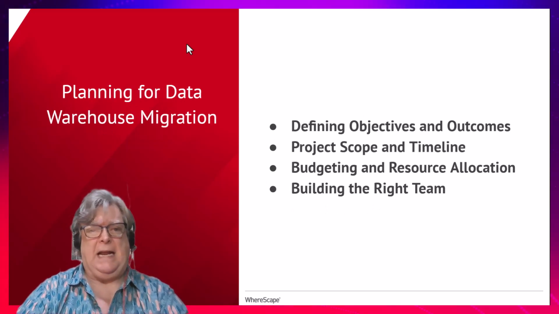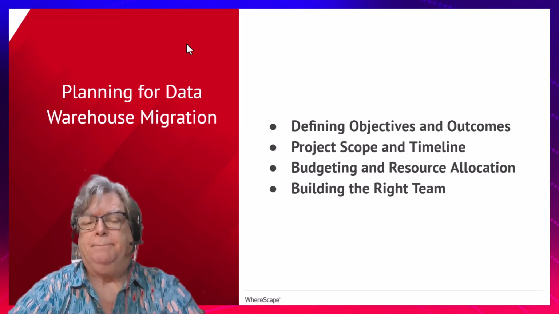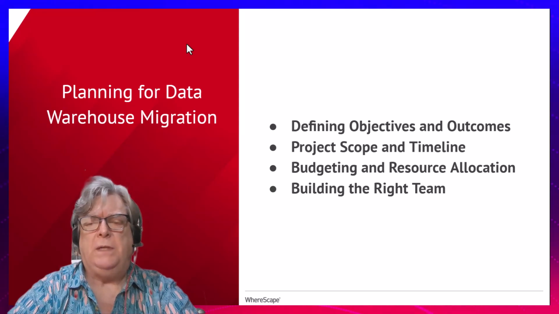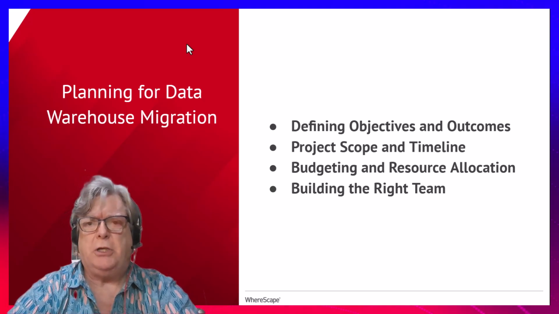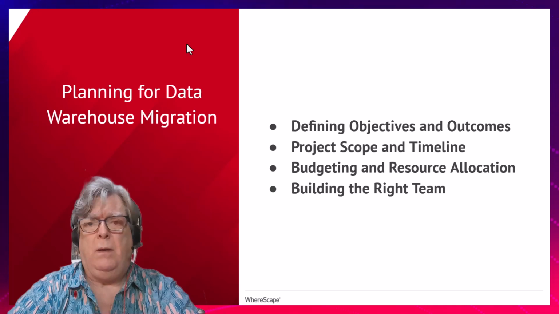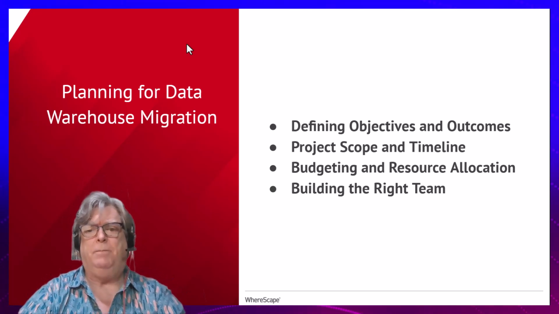All right, planning, defining objectives and outcomes. What are you doing? What do you have right now? What systems do you have? What domains are you monitoring? Is it HR, production, enrollment? Is it about students? What is it about inventory control? What do you have right now?